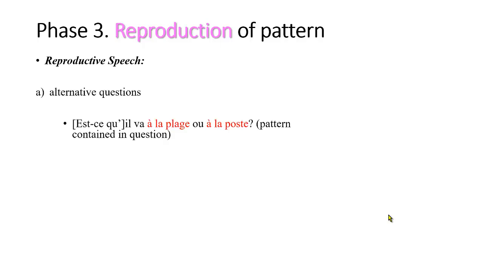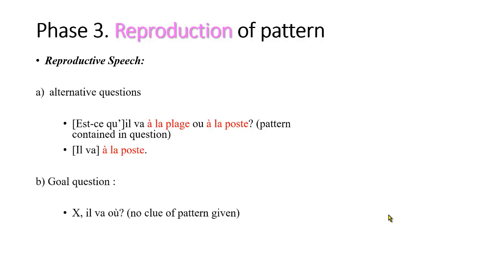Then we get to reproduction. That's saying the phrase, normally by the teacher offering alternative questions. So, Jean, il va à la plage, ou il va à la poste? And they can answer à la poste. And then finally, a goal question. Jean, il va où?